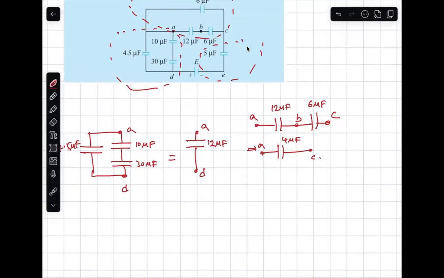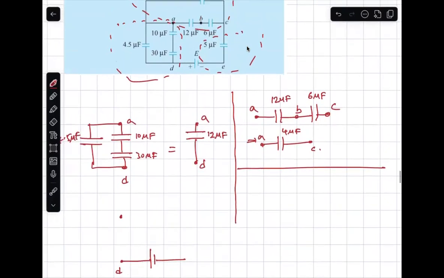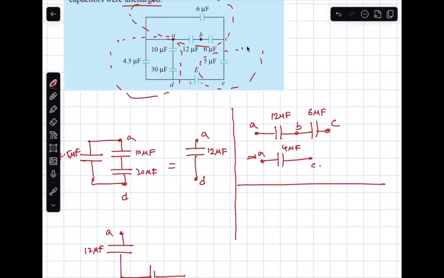Right. So I am building up elements. Don't forget that. Right side, nothing to worry. Now, battery, D, boys and girls, A, in between you will have 12 microfarad. And by the way, AC is 4 microfarad.